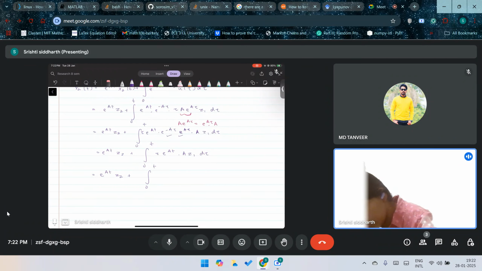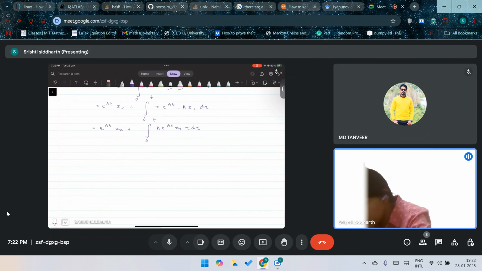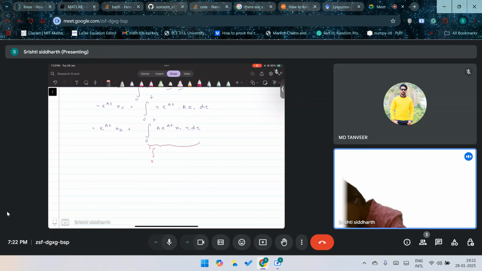Yeah, alright. So e to the power At z1 tau theta. Okay. So observe that this integral is in terms of tau. So 0 to t is in terms of tau, which implies that e to the power At z can be taken out, right?